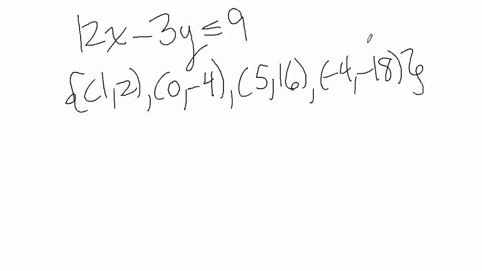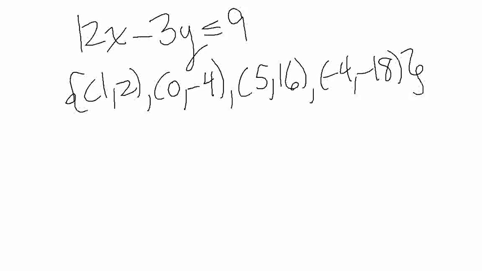Pause the video and try to answer that question now if you like. I'll go ahead and do it myself as well. You could simply replace the x and y variables with the corresponding values for each point, and that would be fine. That'll get you the correct answer.